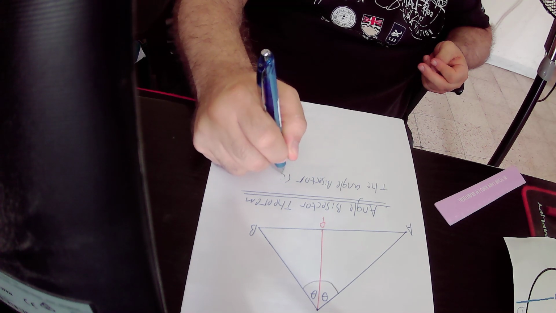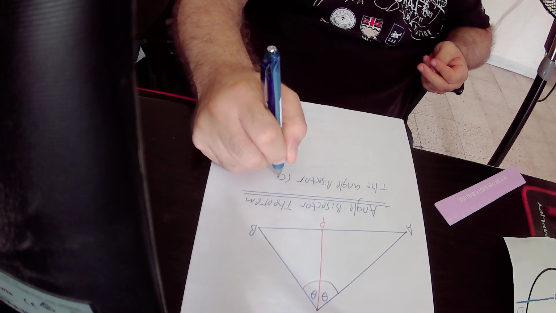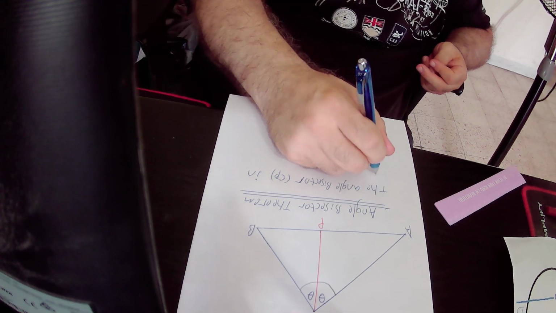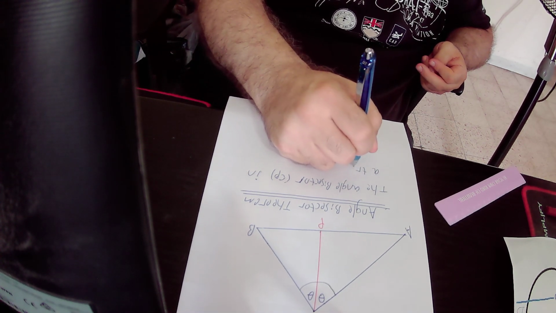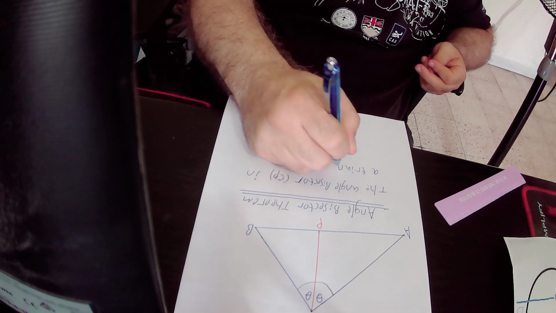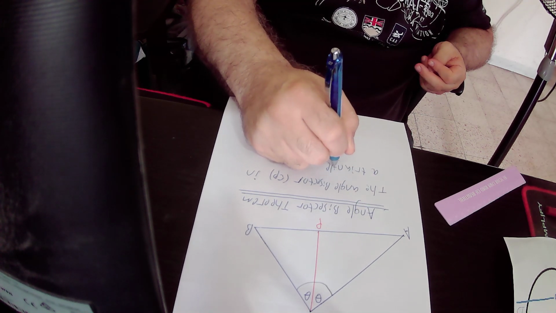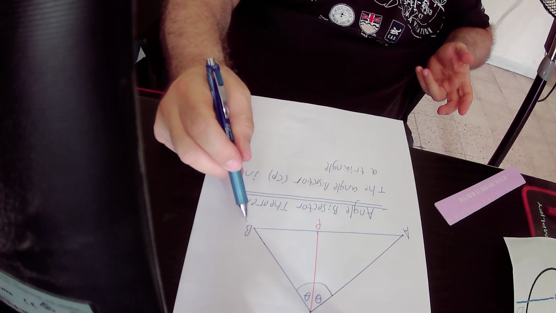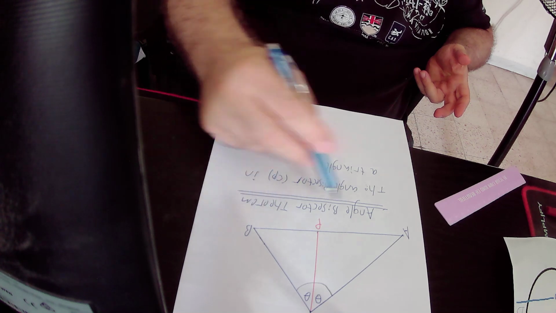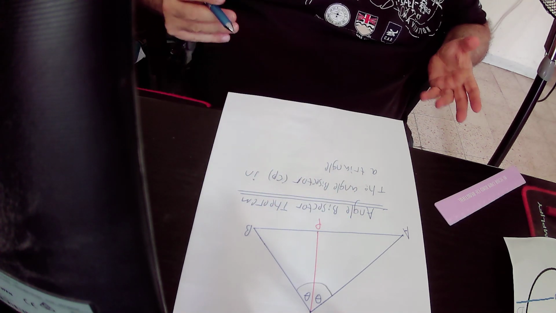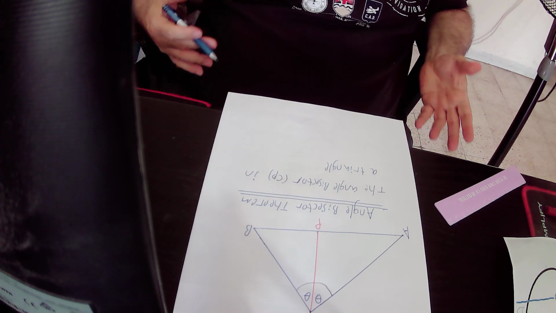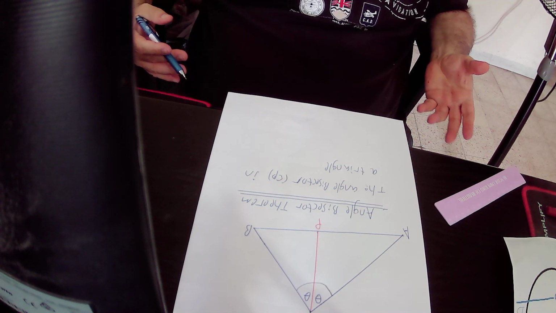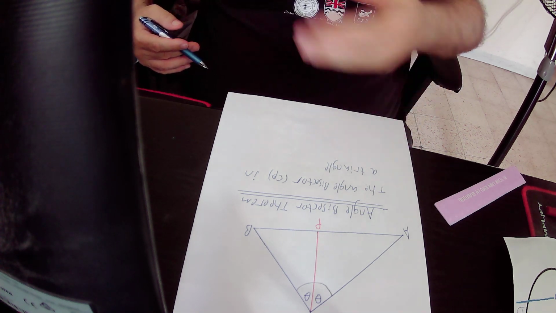In our specific case we relate to triangle ABC, but it is true for all triangles that have an angle bisector.